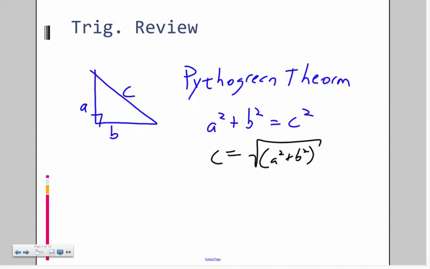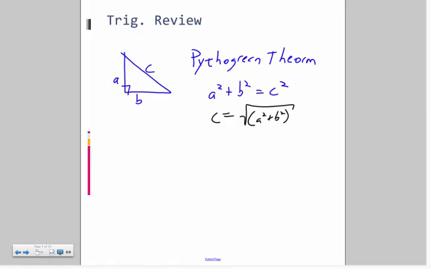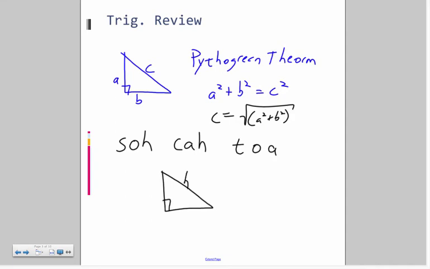The other thing we need to review is sine, cosine, and tangent. And so when we have, again, a right triangle, we can figure out the angles involved using the sides, or use the angles to figure out the lengths of the sides.